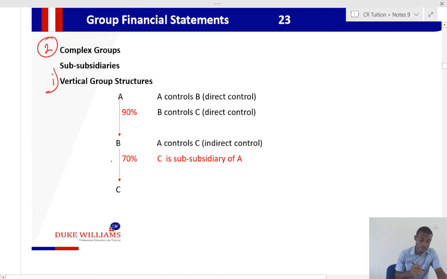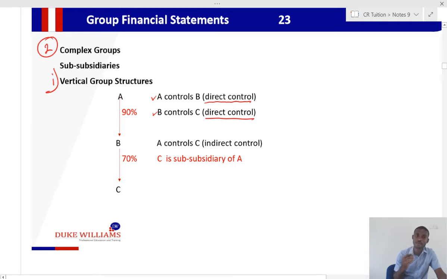Our conclusion is that entity A controls B and entity B also controls C. This is through direct control. B directly controls C. However, because A controls B and B controls C, A indirectly controls C. So we say through indirect investment.